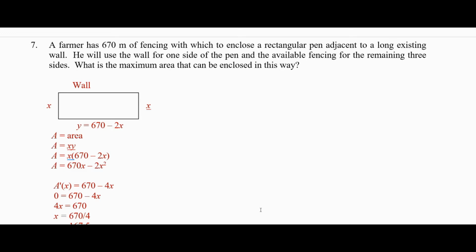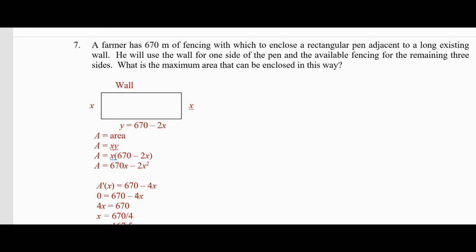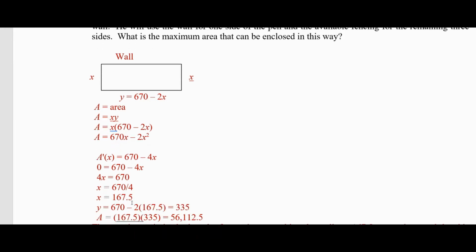If we want to maximize that area, we want to find the critical point, so we take the derivative and set it equal to 0. The derivative is just 670 minus 4x. Set that equal to 0. We can then solve for x by adding 4x to both sides and dividing by 4, and we get 167.5.